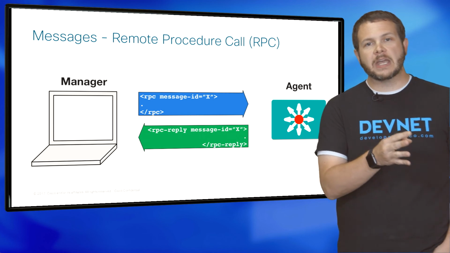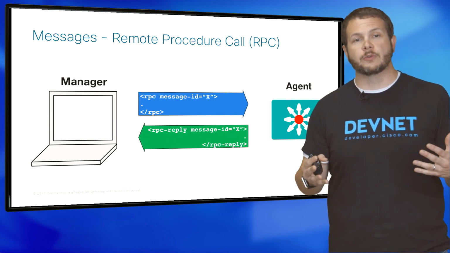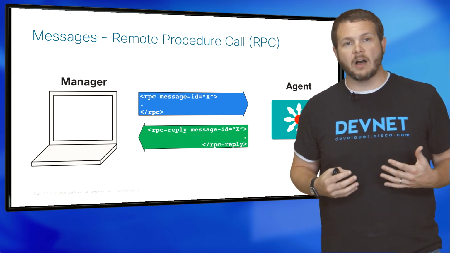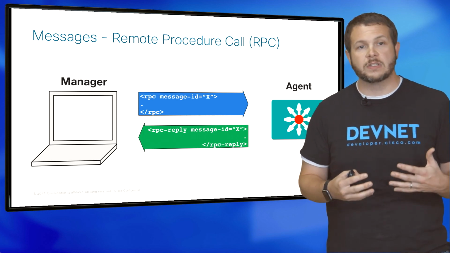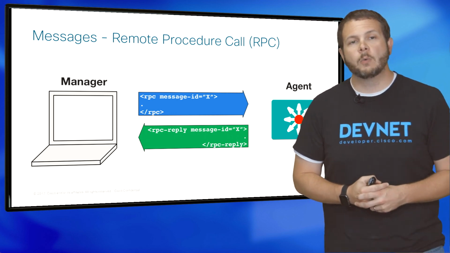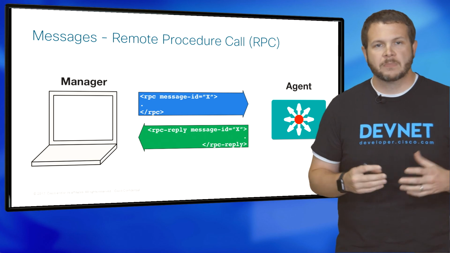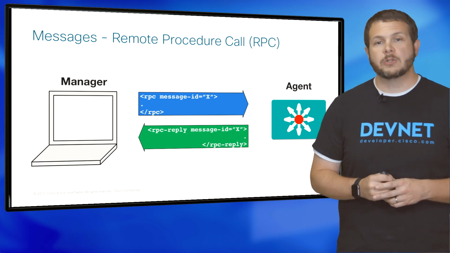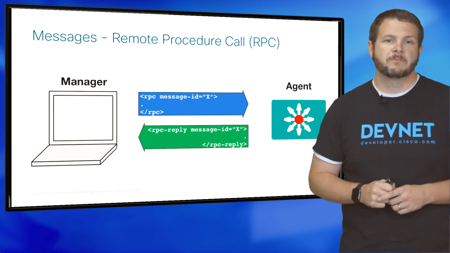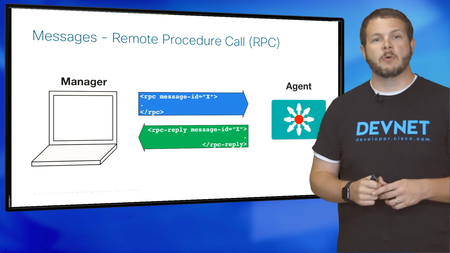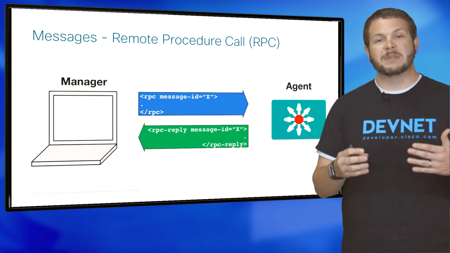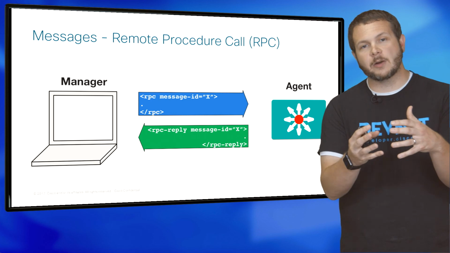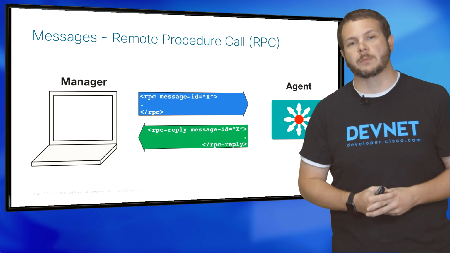Now inside of a communication path, NETCONF is a client-server protocol, and our clients, us as the network engineers using different utilities with NETCONF, are using a NETCONF manager. We're going to communicate with a server, which will be called the NETCONF agent. What we send is an RPC, a remote procedure call. It's given a specific message ID, and inside of that RPC, we will ask our device to do something.